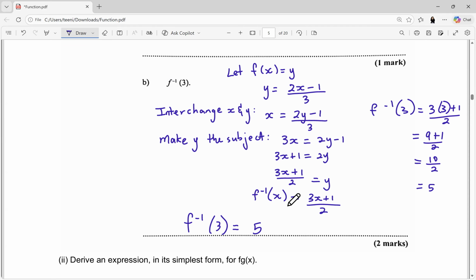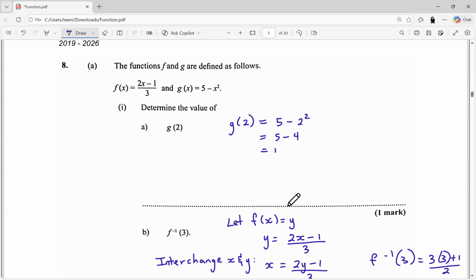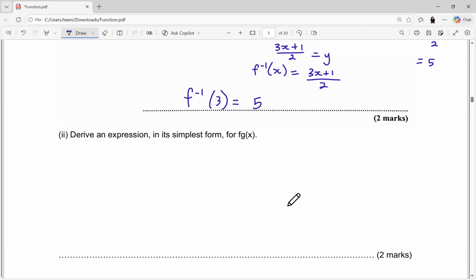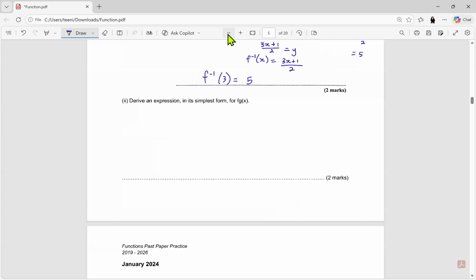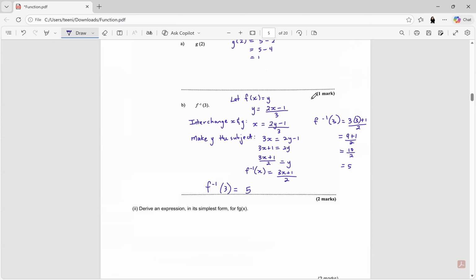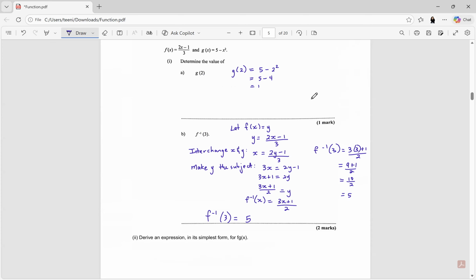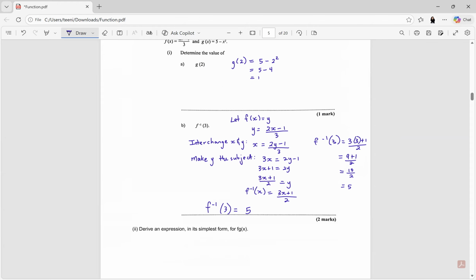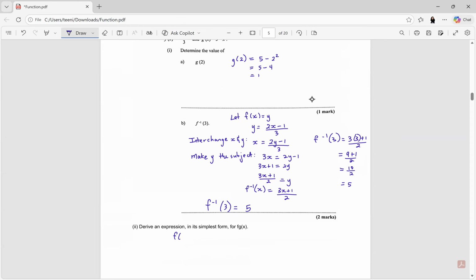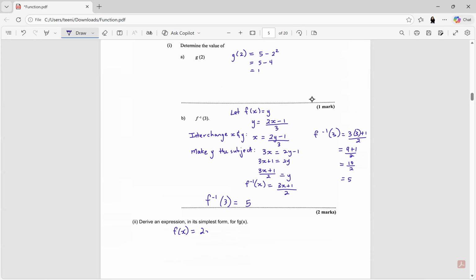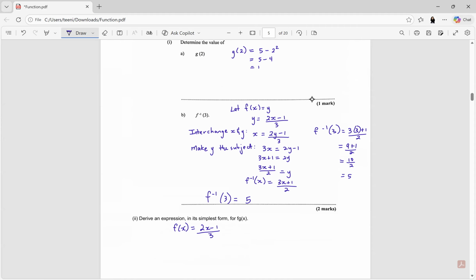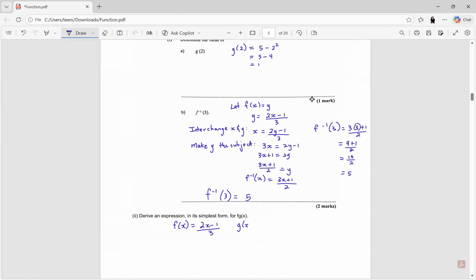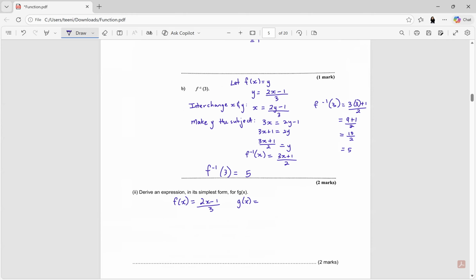All right. And now the last part says derive an expression in its simplest form for f of g of x. So for f of g of x, just writing it over, f of x is equal to 2x minus 1 over 3, and g of x is 5 minus x squared.